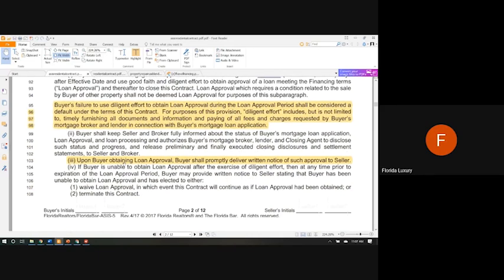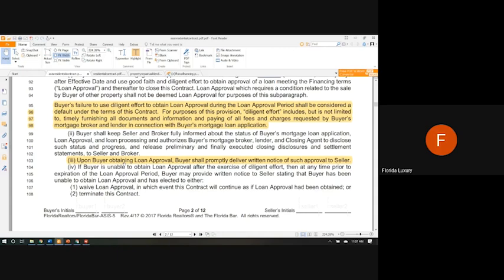Now, if I've got a 45-day closing, am I going to have loan approval in 30 days? No. But what I am going to do is send an email to the seller's agent that says, hey, per line 103 of the contract, I'm providing loan approval. So essentially what this says is the buyer's financing contingency expires at that time.